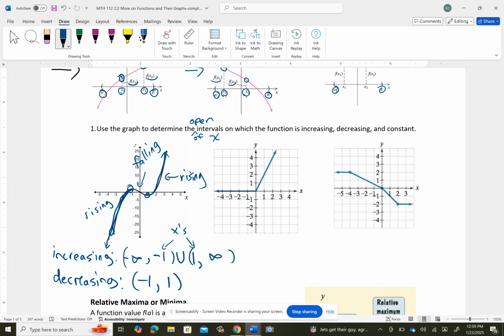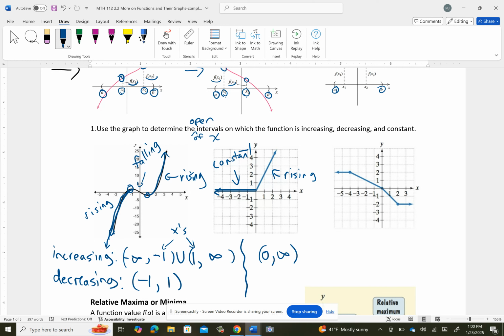All right, now look at the one in the middle. See how this right here is just a nice horizontal line until I get to the origin, okay? And then it's rising. So it's rising here. It's constant there. So for increasing, that would be from an x of 0 on to infinity, okay?